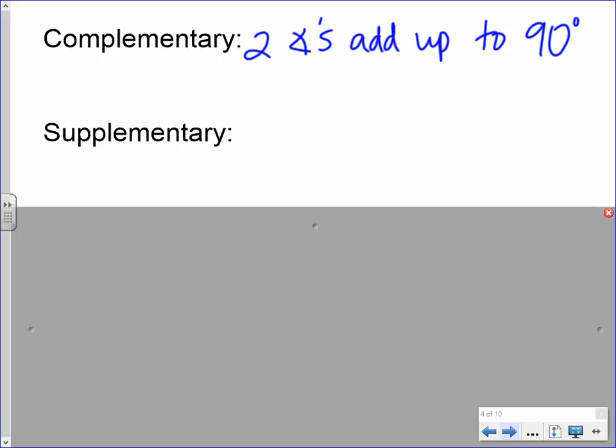Okay. So 2 angles that add up to 90 degrees or pi over 2. Okay, great. Pod 5. Supplementary. 2 angles that add up to 180 degrees, pi. Thank you.